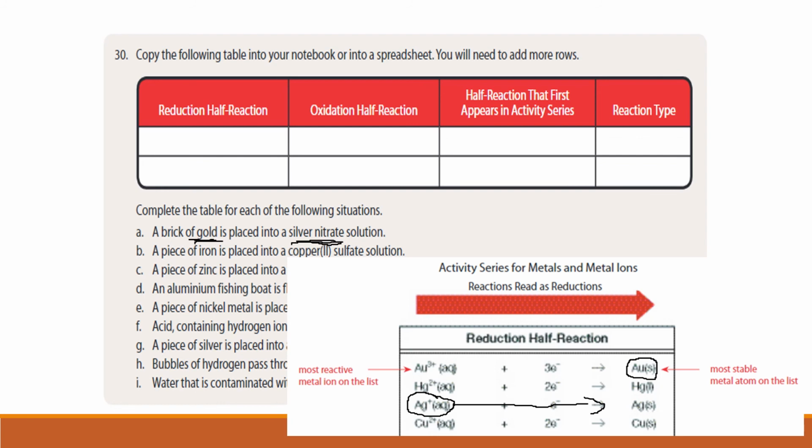So my reduction half reaction that I can list out is Ag+ plus 1 electron, and I just write it exactly from the table that I'm given, giving Ag with a 0 charge. It's solid now. There's my reduction half reaction. I don't need to complete the full reaction. I have this table to help me out.